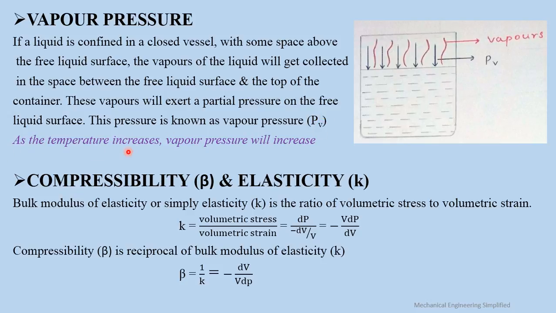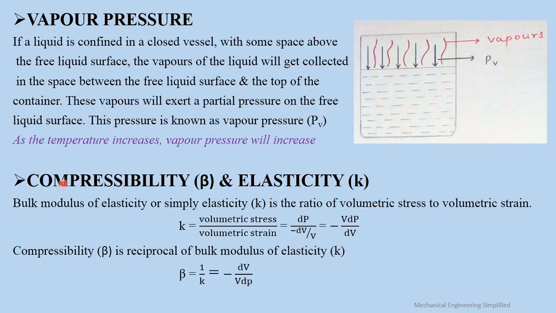And as the temperature increases, the vapor pressure will increase, because as the temperature increases, more amount of vapor will be generated, and more vapor generated means the partial pressure exerted will be more. So as the temperature increases, vapor pressure will increase.